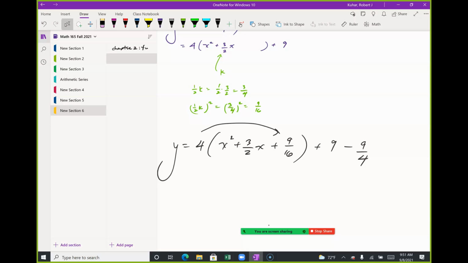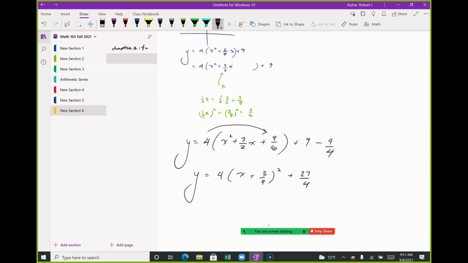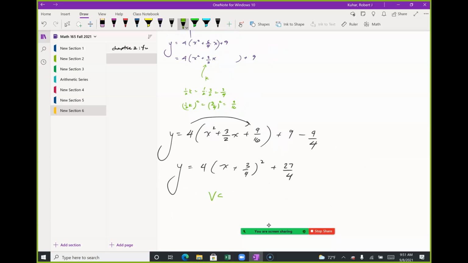And so this piece is now 4 times x minus half of k, plus half of k, all quantity squared, plus 27/4. And so I can see that my vertex is negative 3/4, comma 27/4.